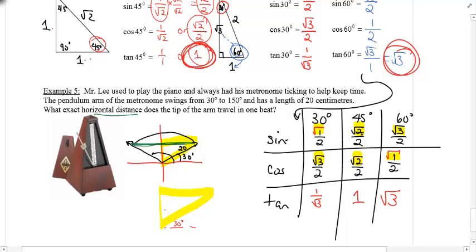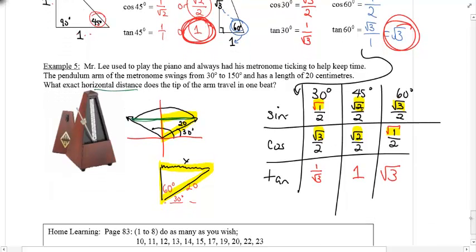But I hope you can see that this one here is 60 because we have to add to 90. And here's 20. Alright, so I've got a 60-degree angle. I've got the hypotenuse. I'm looking for the horizontal piece here. I'll call that X. With 60, I've got this opposite side, and the hypotenuse.